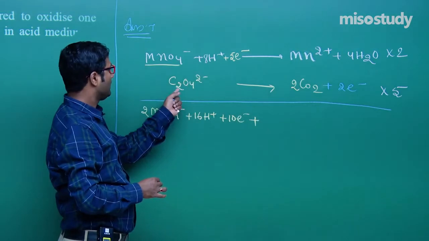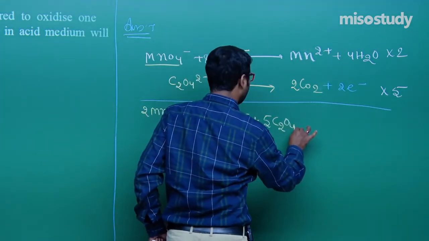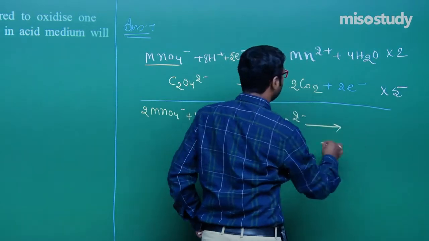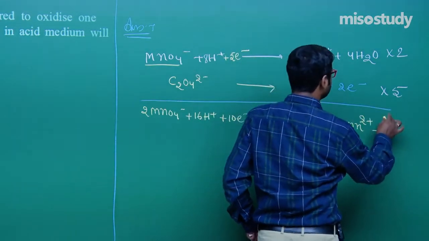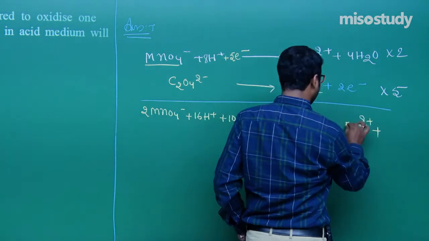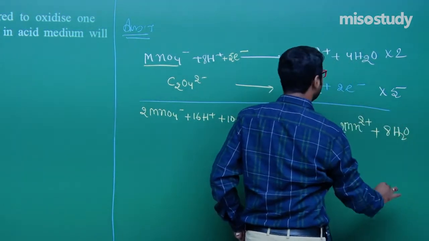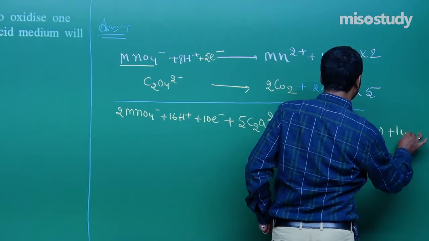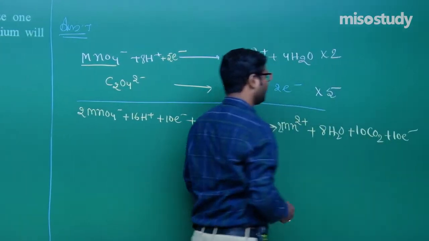After adding, then 5 C2O4 2 minus, it gives you 2 Mn2 plus, 8H2O. Clear to you? Plus 10 CO2 plus 10 electrons.